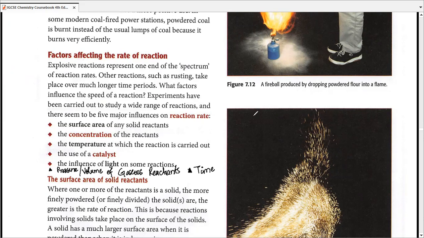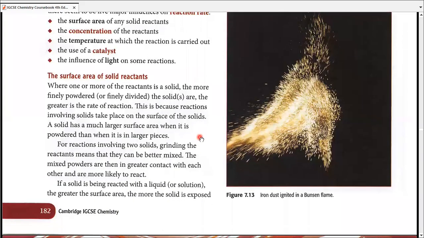Let's start with them one by one. These factors, which I've noted up top, are also part of the same book we're doing, but they haven't been given as a heading over here. We're going to go through them as a separate heading, right? Let's start with the first one in the book, the surface area of solid reactants. Now, if one or more of your reactants are solid, the surface area can be different in many ways.